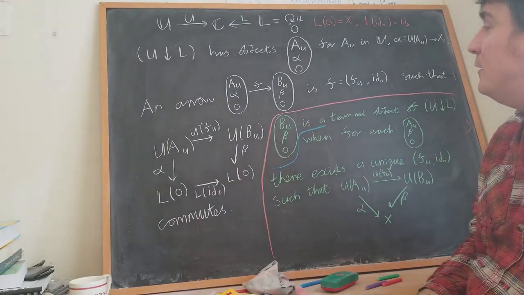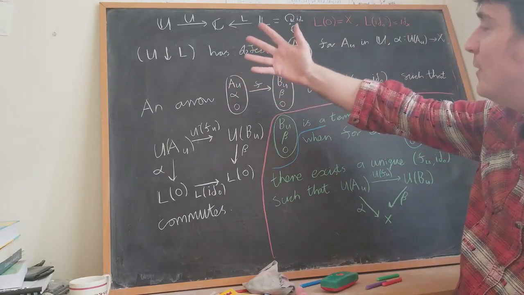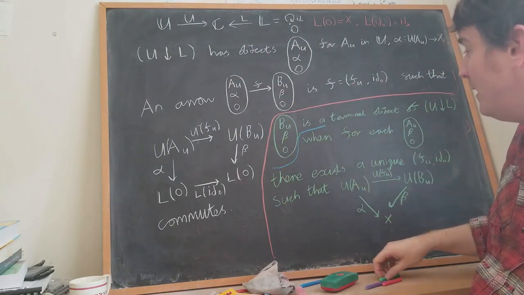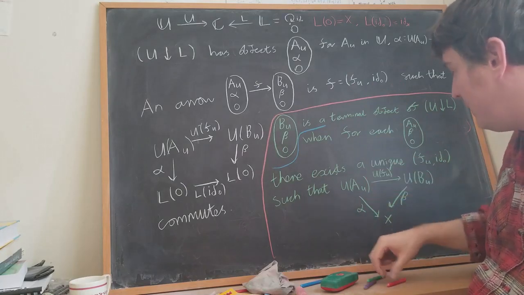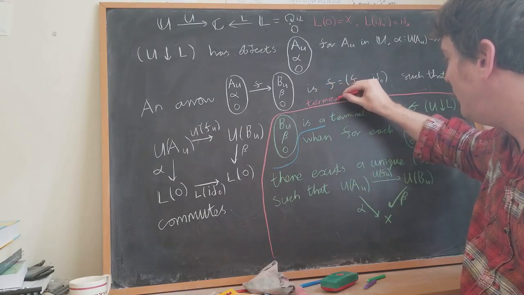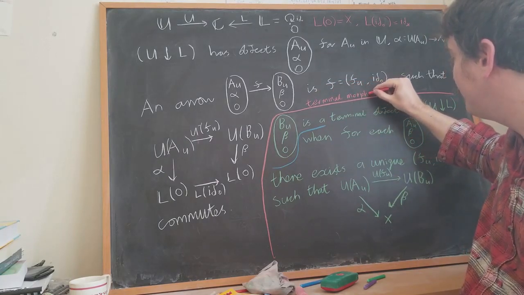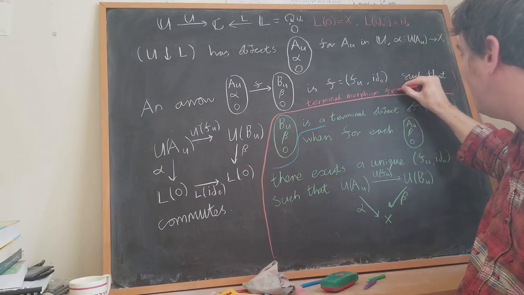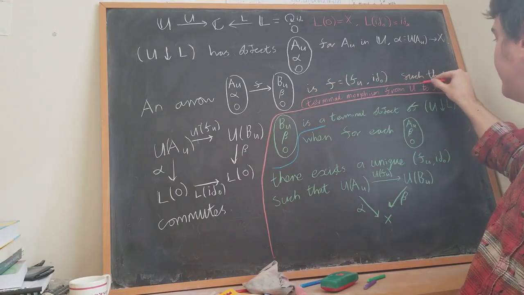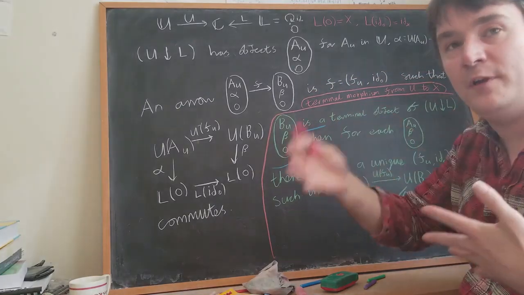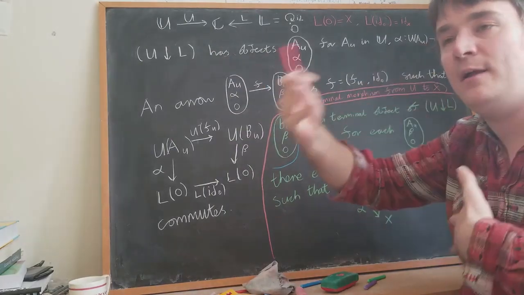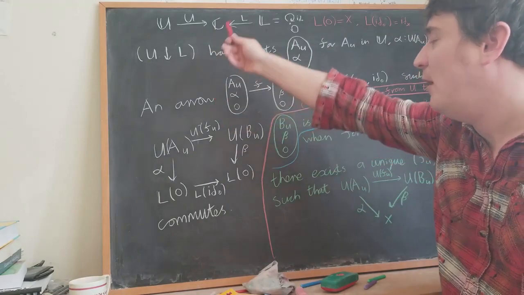What we're going to do is use this idea of a comma category to give a simple definition of a terminal morphism, from U to X. And what I want to convince you of is that I'm going to make a special kind of comma category, and this terminal morphism is going to be a terminal object of this comma category.